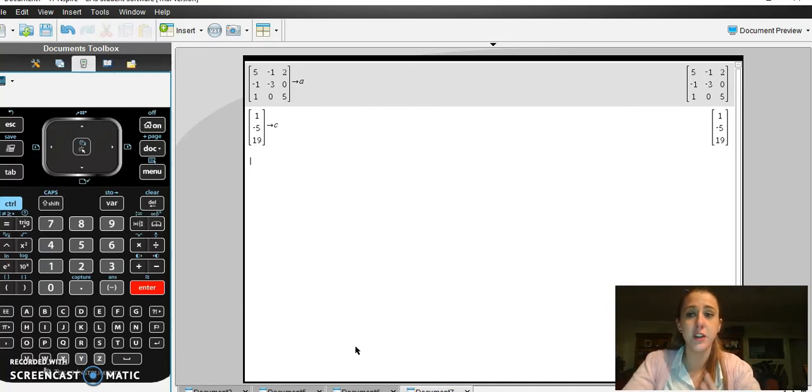And all I'm going to do to get my answer for my X, Y, and Z is I'm going to go my A to the power of -1, which of course is the inverse. And that I'm simply multiplying by my C matrix.